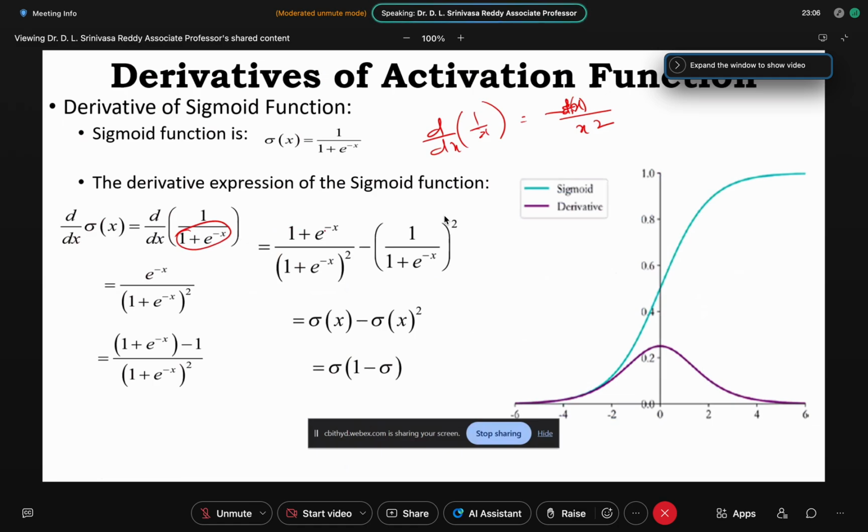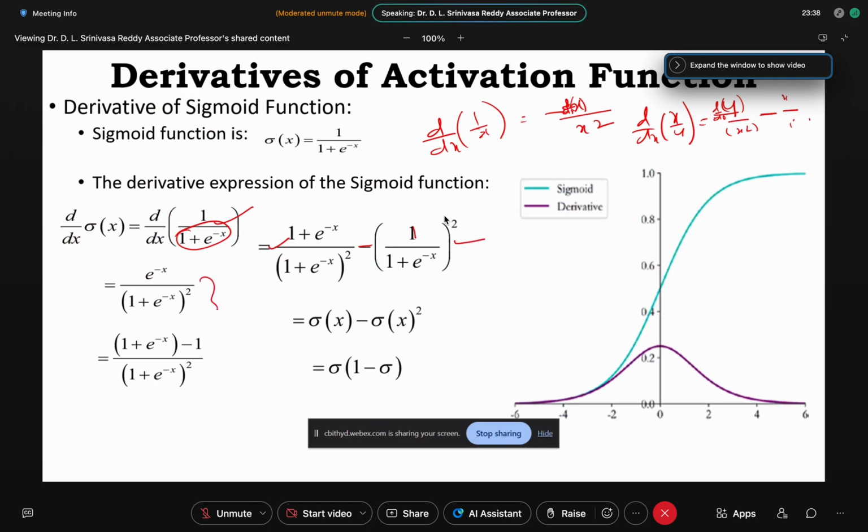This 1 plus e power of minus x, by this one. It is like the d by dx of u by v formula. So whatever it may be, this derivative takes this value, minus of this one.